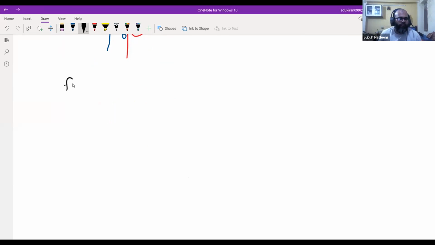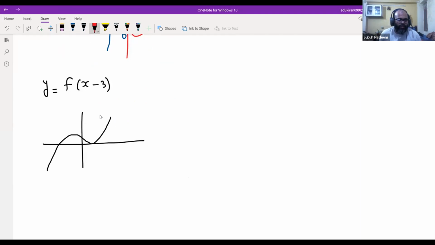Right now, if you don't do all of them together, what happens? Let's suppose it is f of x minus 3. So if the function was like this, suppose this was the function y is equal to f of x. Now it is asked to draw the graph of y is equal to f of x minus 3.